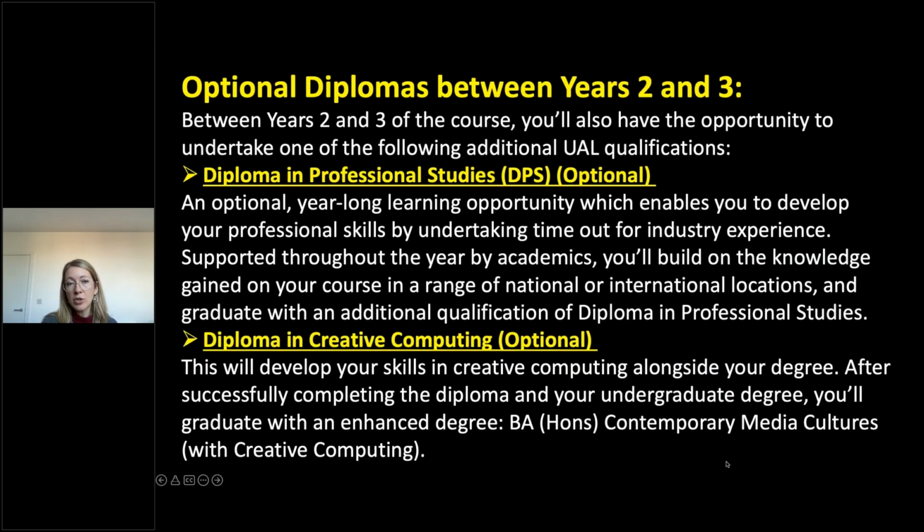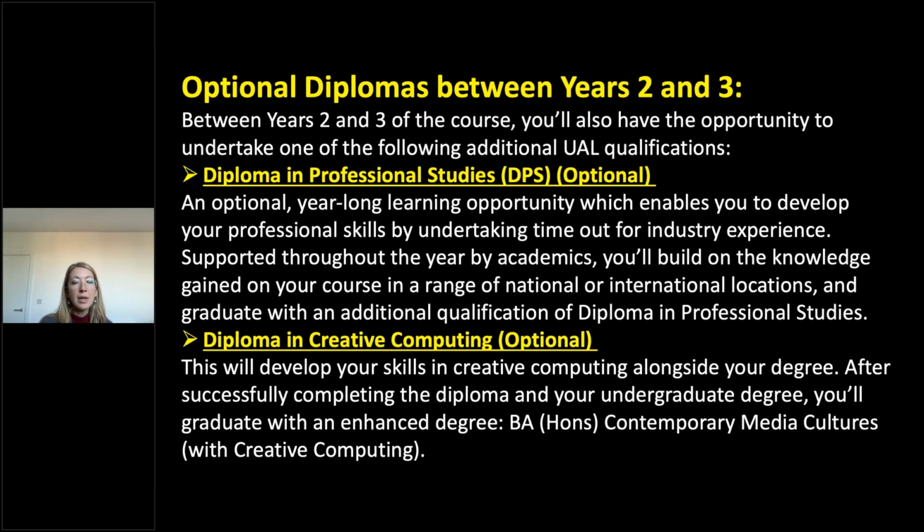Now, as I just mentioned earlier, between year 2 and year 3 we've got something really interesting, something that I think every student should do: an option to take a year out for diplomas. There are 2 qualifications. One is a Diploma in Professional Studies, also called DPS, which is an optional year-long learning opportunity that allows students to go out in the real world and develop professional skills by spending time in a particular industry.